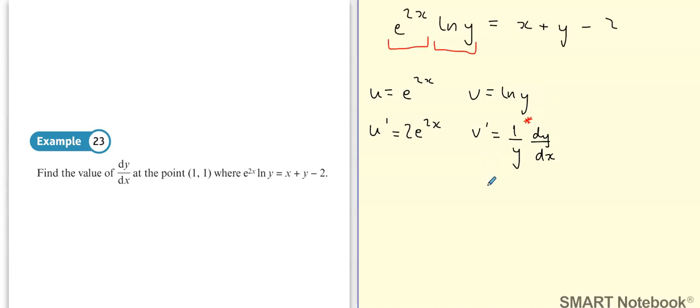So now if I use the product rule, v times u dash, so 2e to the 2x ln y, plus u times v dash, e to the 2x times 1 over y dy by dx.